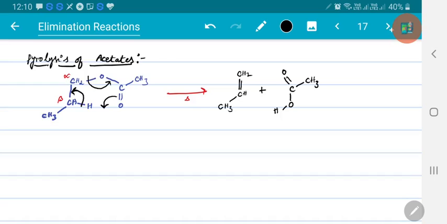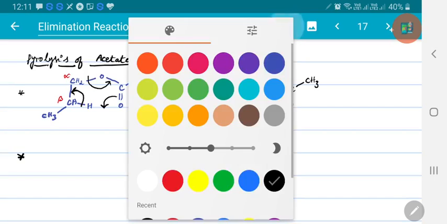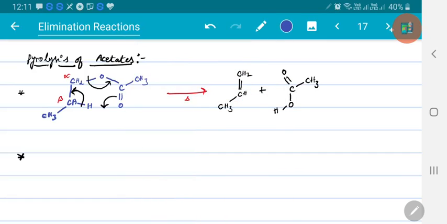So this leads to product formation. This is one example. Let me take another example. Just observe the condition: at beta position there must be hydrogen.